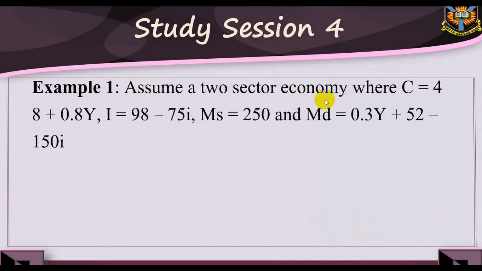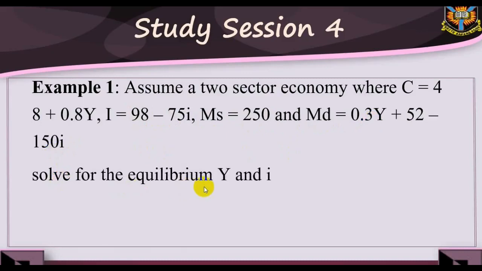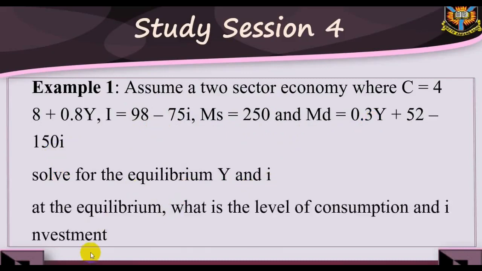Assume a two-sector economy where C equals 48 plus 0.8Y, I equals 98 minus 75i, MS equals 250, and MD equals 0.3Y plus 52 minus 150i. A. Solve for the equilibrium Y and i. B. At the equilibrium, what is the level of consumption and investment?